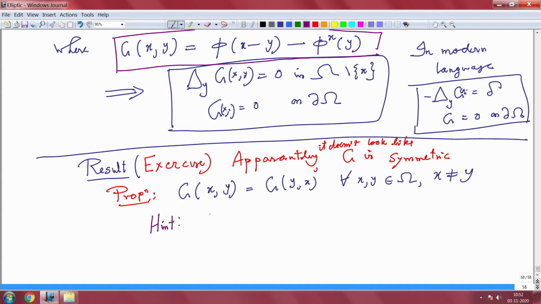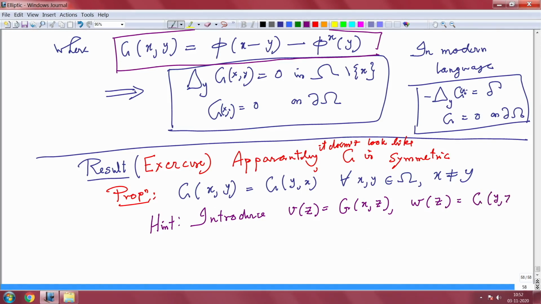You introduce V(z) equal to G(x,z) and W(z) equal to G(y,z).